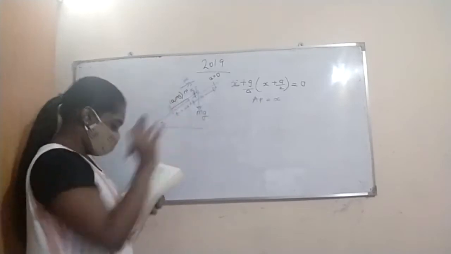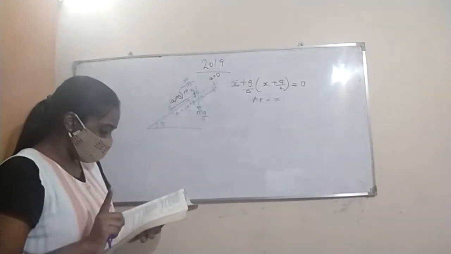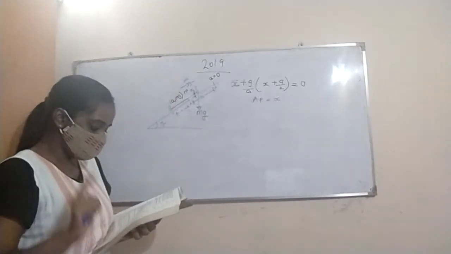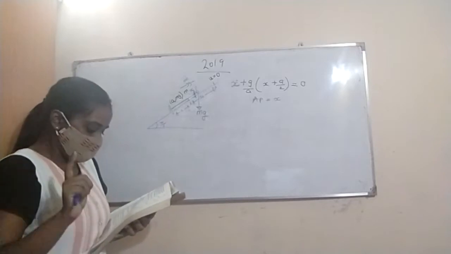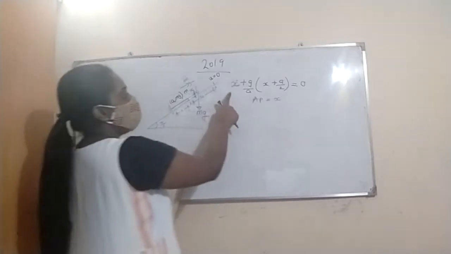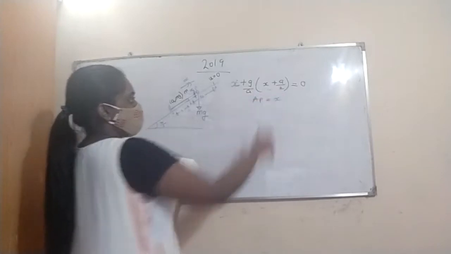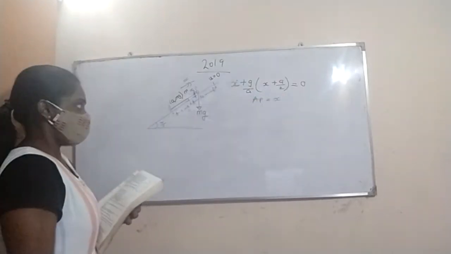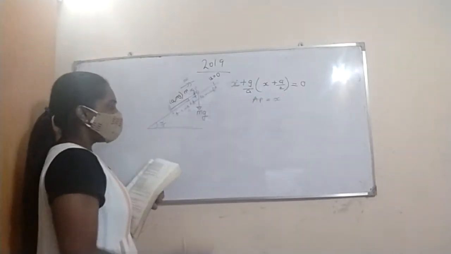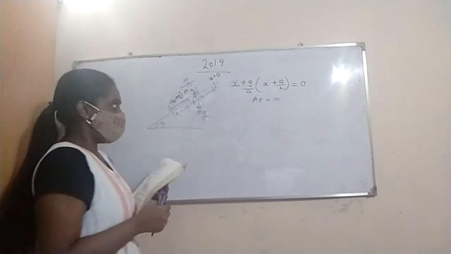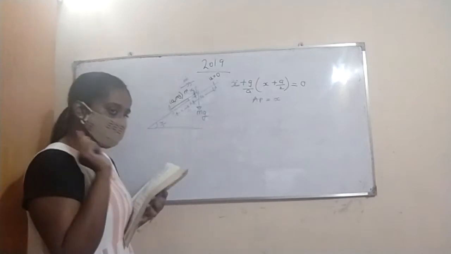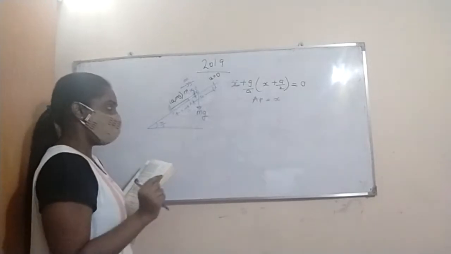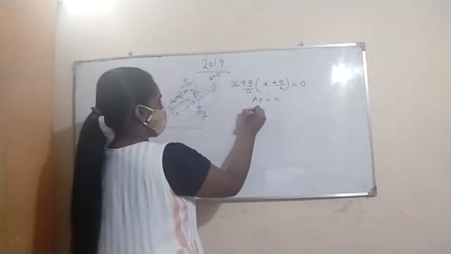Now we are to show this equation. That is the first question: to show that the equation of motion of P from B to A is given by x double dot plus g over a into (x plus a by 2) is equal to 0. Now we are going to apply F equals m a. When you apply F equals m a, you have to consider in which direction you apply it.